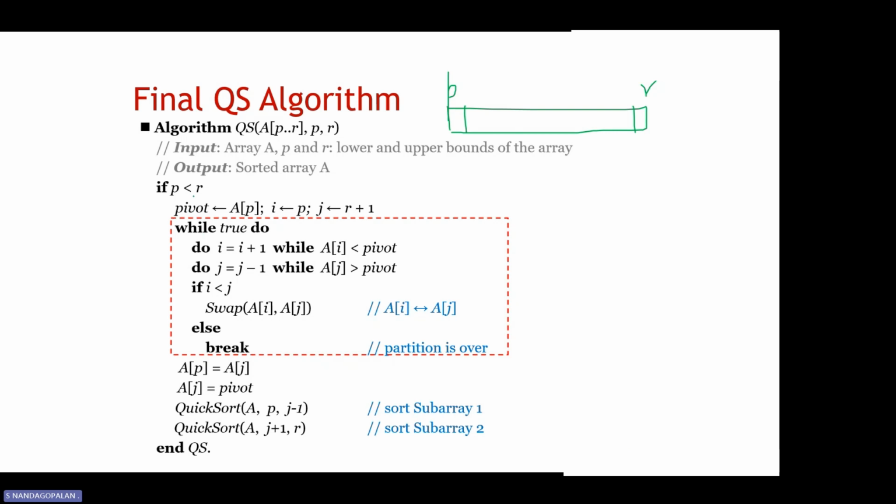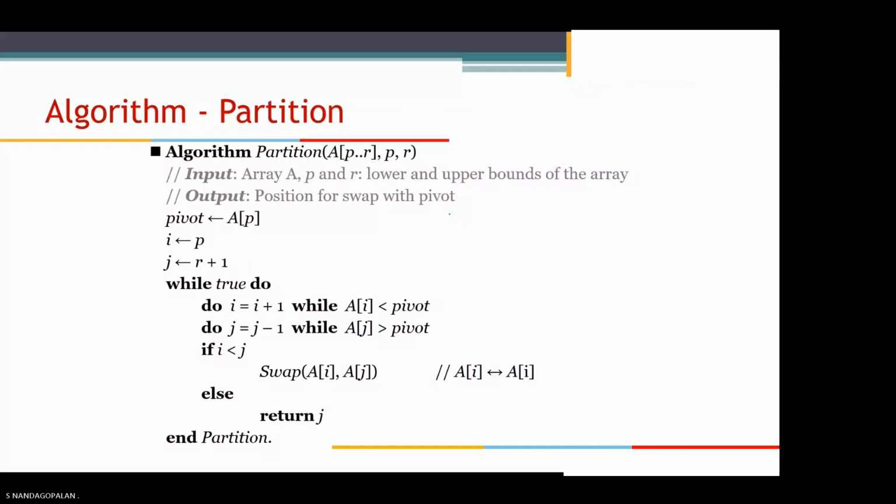If p is less than r, otherwise your overall recursive algorithm will get stopped, as I've already explained. So select the first element as the pivot: pivot is equal to A of p. So A of p is this, and the pivot variable will hold the first element.